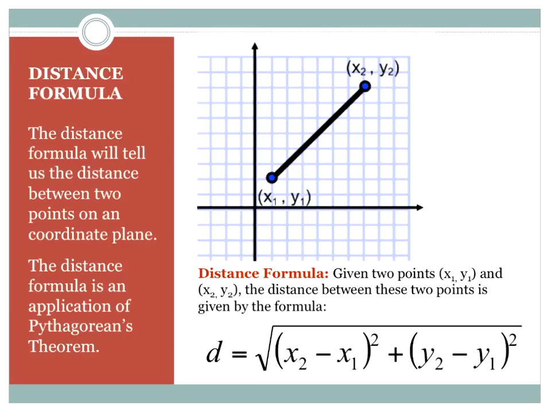A couple more ideas for you here, and this is getting into some coordinate geometry, looking at what we call the coordinate plane, and it's the distance formula. Now, the distance formula really is the Pythagorean theorem in disguise.